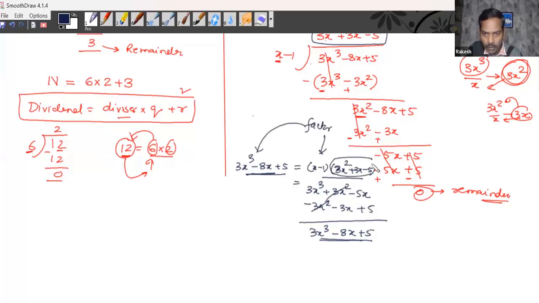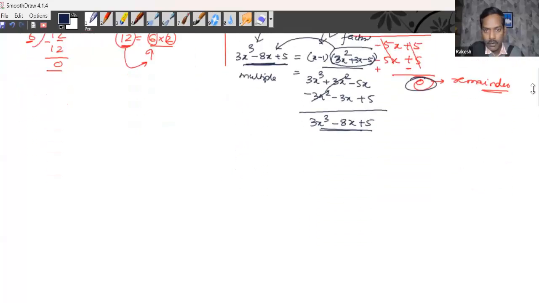Similarly, the leftover portion, the quotient, is also a factor of this. And this is called a multiple of these two factors. Exactly the same as what happens with numbers, right? So I hope you have now understood that when one polynomial is divided by another polynomial, and if I get the remainder as 0, then the divisor becomes a factor and the quotient also becomes a factor, right?